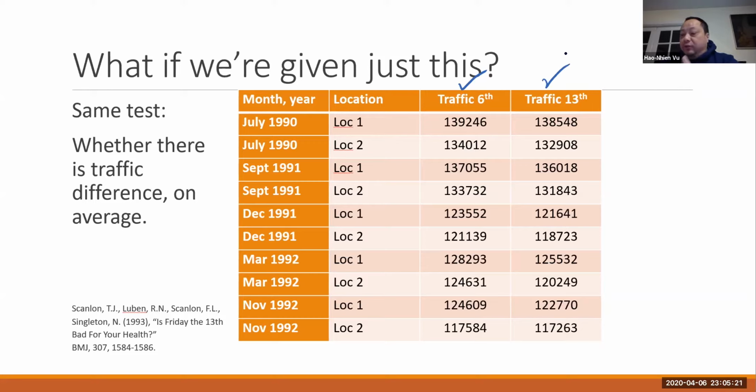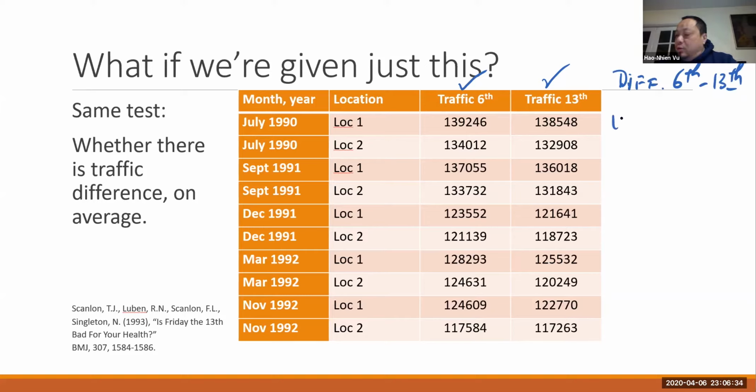And we're asked to test the same thing, whether the mean difference of traffic between the 2 days is 0 or non-zero, whether there is or isn't a difference in traffic on average. So what do we do? We will recreate the table that we saw at the beginning of this video. We will add on a column of differences of the 6th minus the 13th.